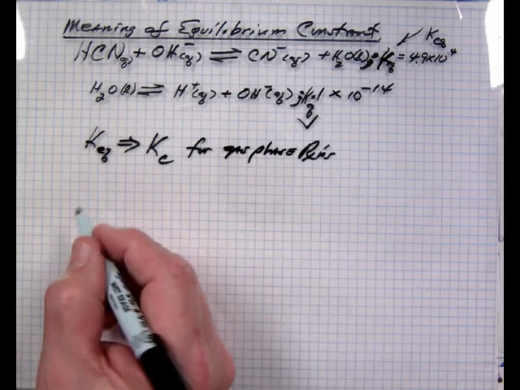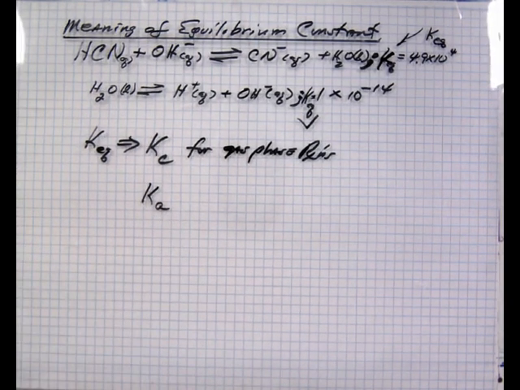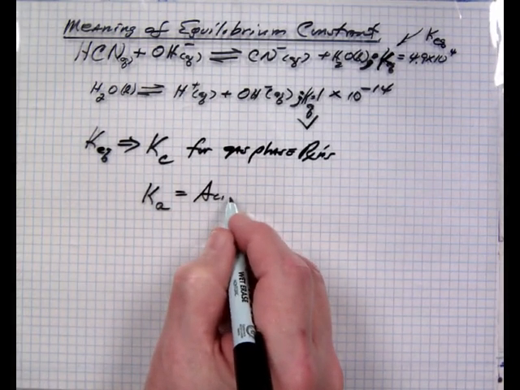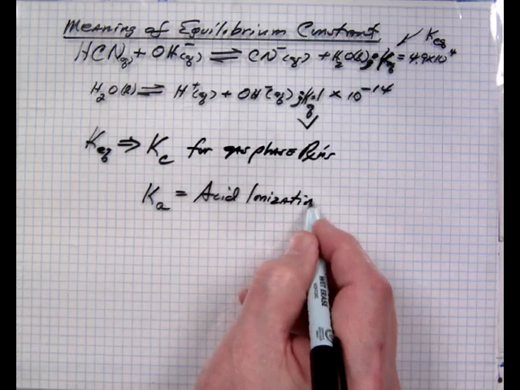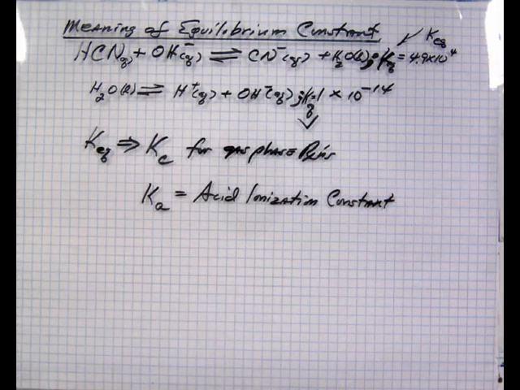If you are working with acids and bases, or acids, you will see that K value subscript with an A, and this will refer to the acid ionization constant. The larger Ka, listen to this, mark it down, the larger Ka will be the stronger acid.